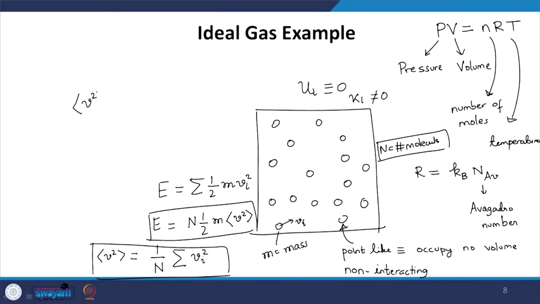In fact, what the kinetic theory of gases tells you is that the mean squared velocity should be proportional to the temperature. So, therefore, our energy should be something like, okay.